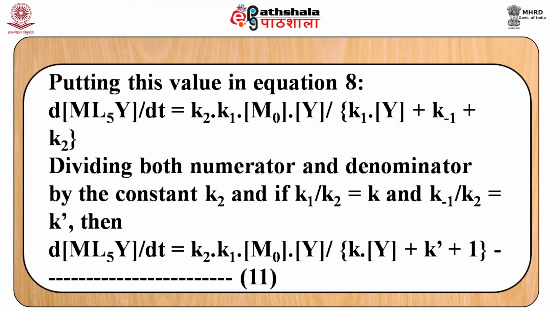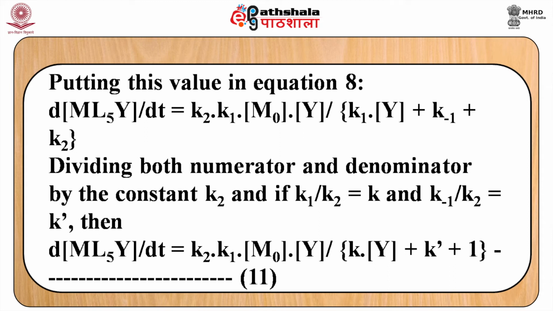So putting this value in equation 8, we will obtain d[ML5Y]/dt is equal to K2 into K1 into the concentration of M naught into the concentration of Y divided by K1 into the concentration of Y plus K minus 1 plus K2.